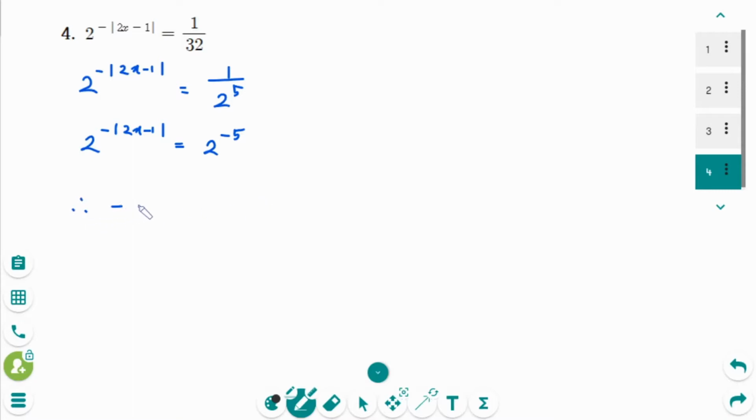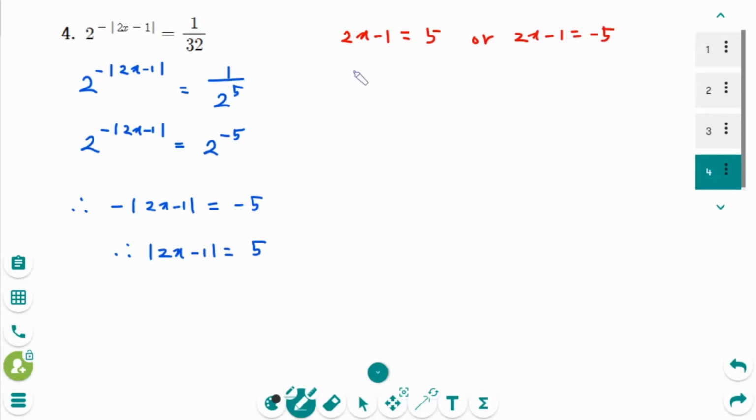So minus absolute value of 2x minus 1 equals minus 5. Then absolute value of 2x minus 1 equals 5. So 2x minus 1 equals 5 or 2x minus 1 equals minus 5. So 2x equals 6, then x equals 3. Or 2x equals minus 4, then x equals minus 2.